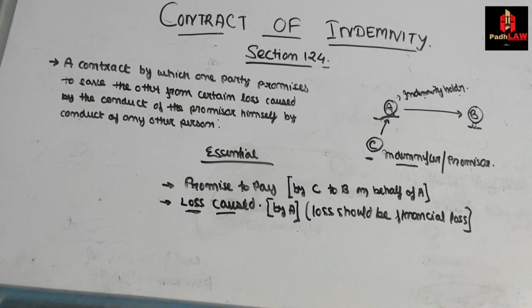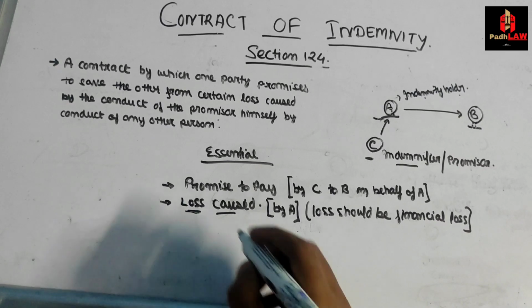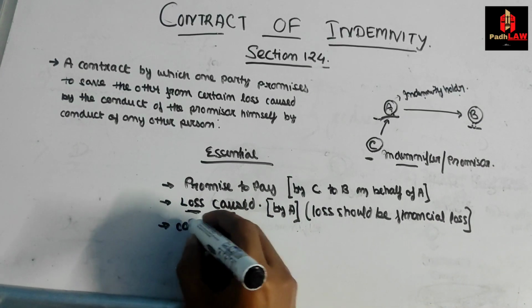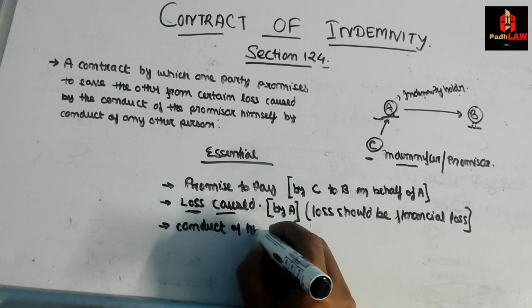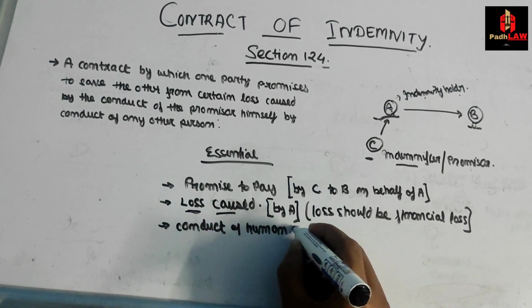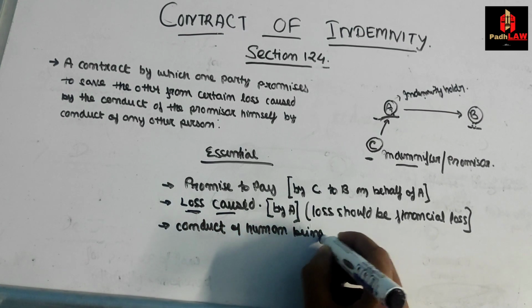So this is the second essential, and the third essential is conduct of human being. It must be something that is through the conduct of a human being.